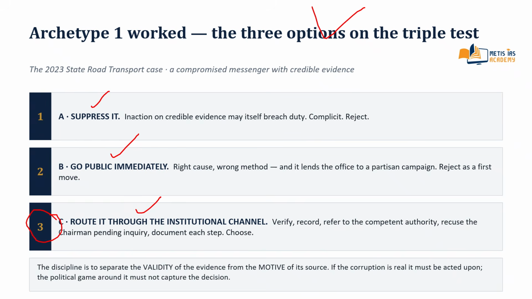On politicization, the second sub question: a healthy system rests on a permanent executive that advises and implements with neutrality, and a political executive that sets policy, each respecting the other's domain. Politicization corrodes that. Officers are rewarded for loyalty rather than merit. Transfer becomes an instrument of pressure rather than administration.